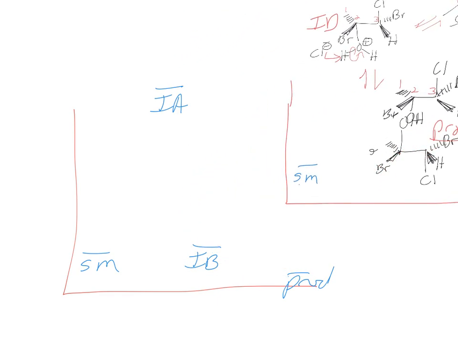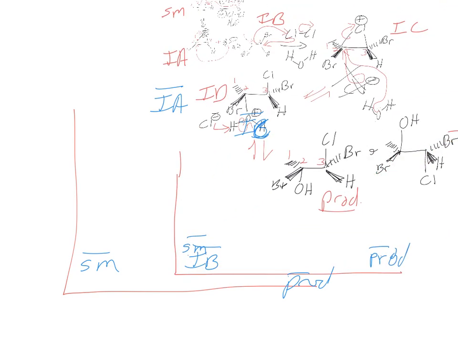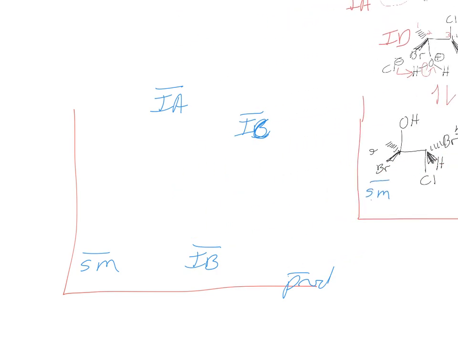That might be a little bit lower than the IA, just because this has an alkene in there, so it's making a little more angle strain than without an alkene. And then ID is just an oxygen with a plus charge, but that's pretty easy to fix. Certainly not as bad as a 3-membered ring, so I'll put ID, intermediate D, there.